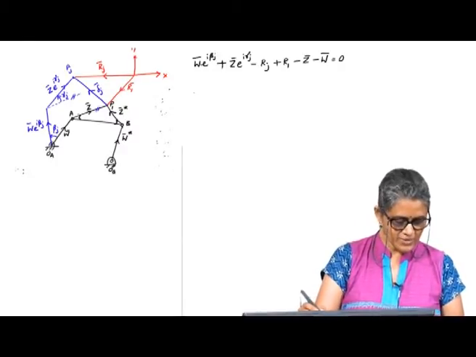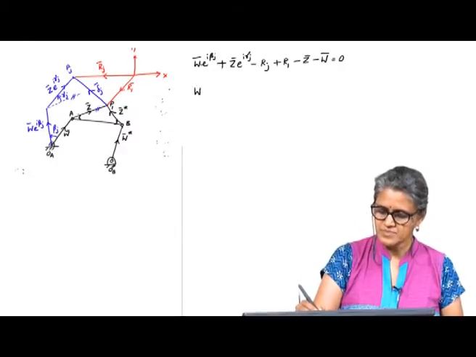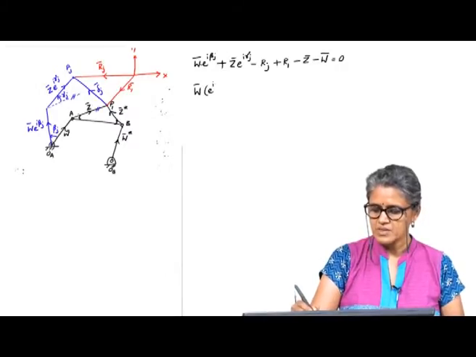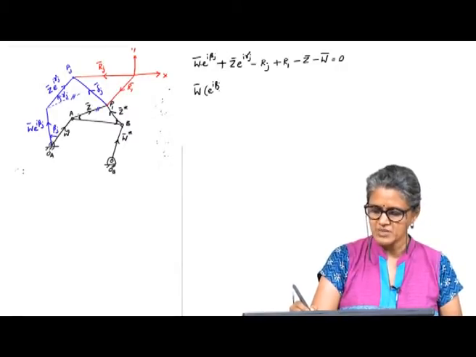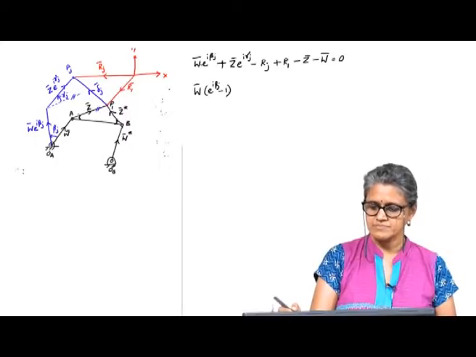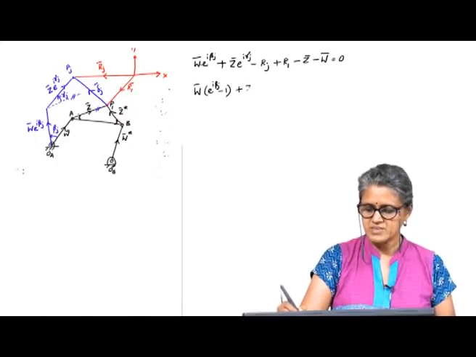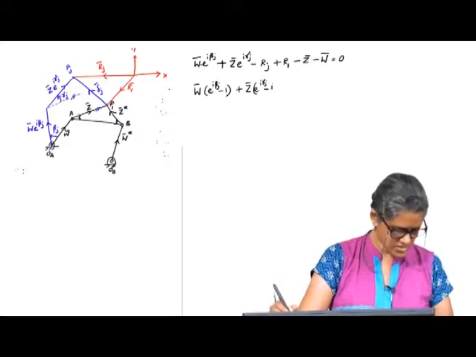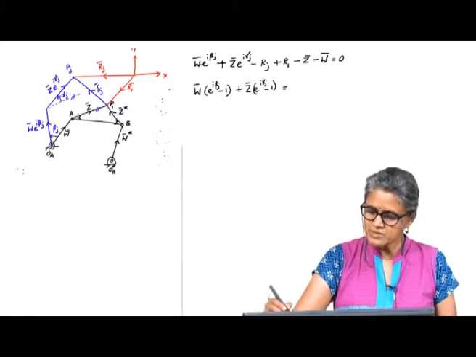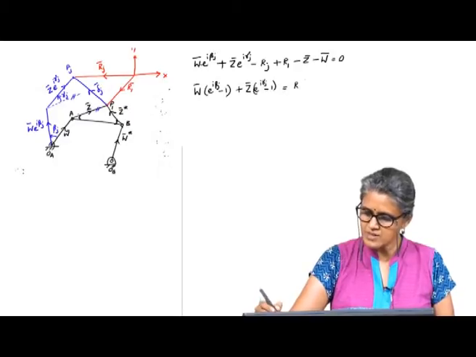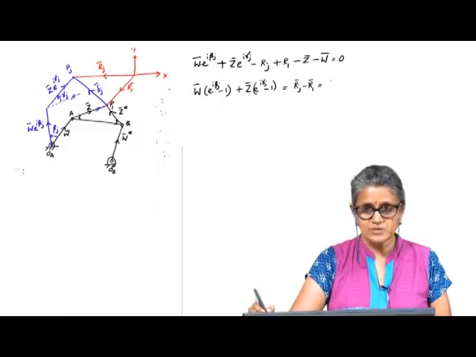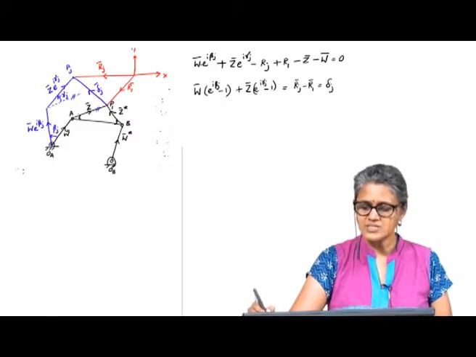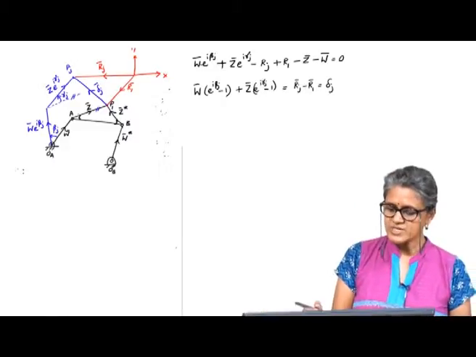So, I can now write this as W e power I beta j minus 1 plus Z e power I gamma j minus 1 is equal to Rj minus R1, which is equal to delta j. So, what is delta j?